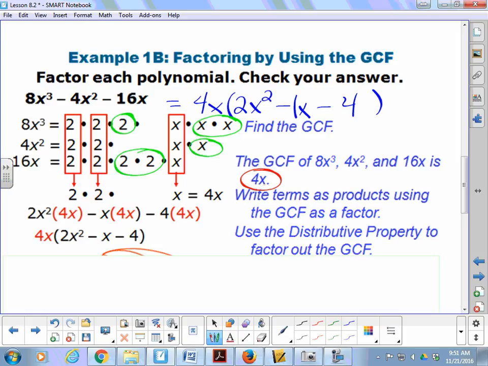So you do it whichever way you like. For some of you, you're going to have to write out the prime factorization and do it for a while, and that's okay, because if that works for you, then that's good. So we write the terms as products using the greatest common factor, and then we use the distributive property.